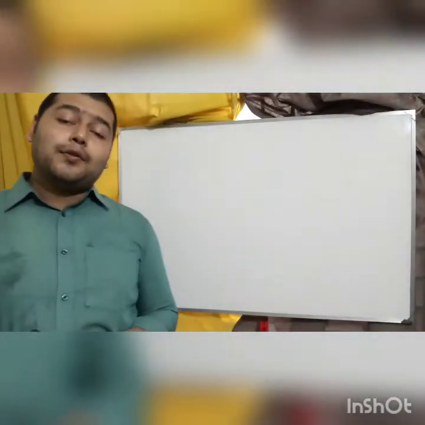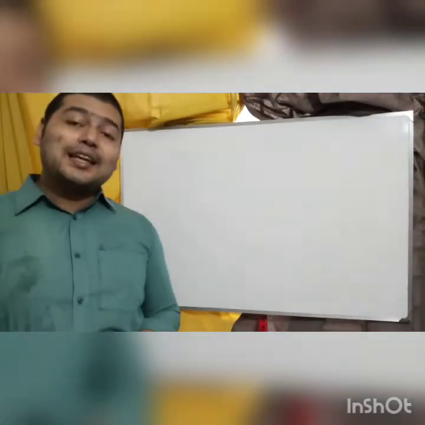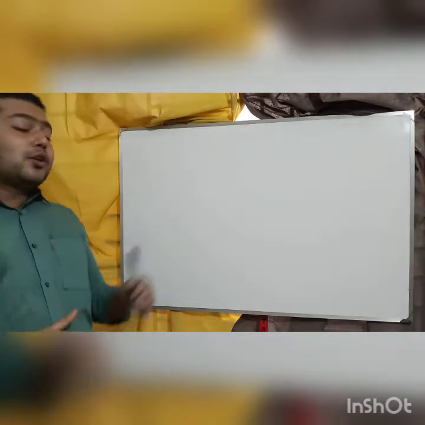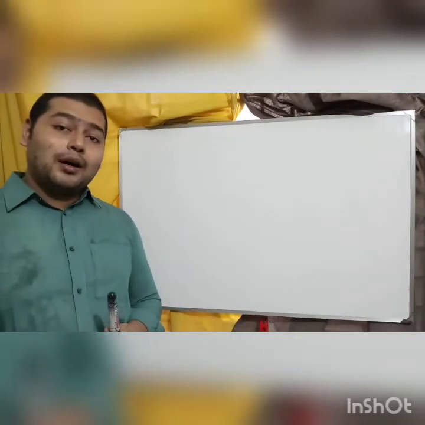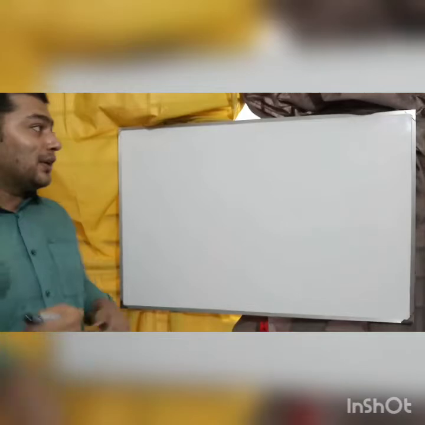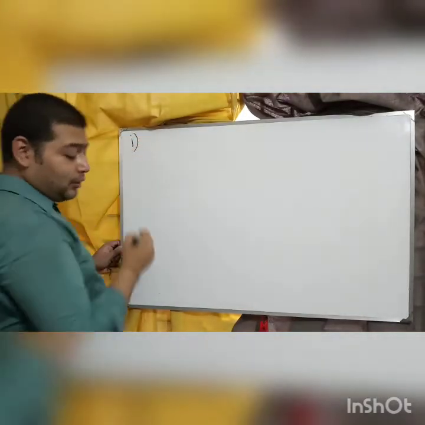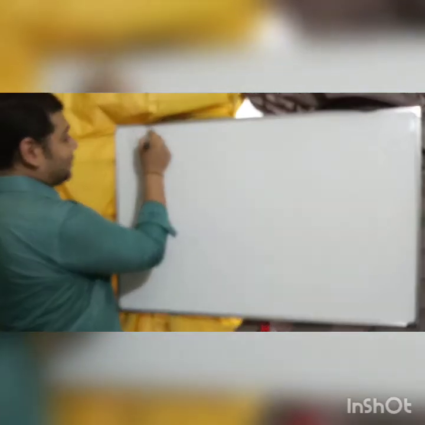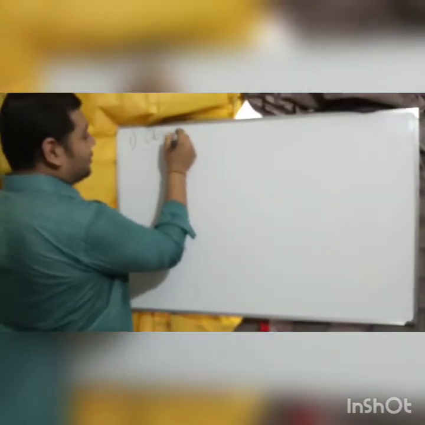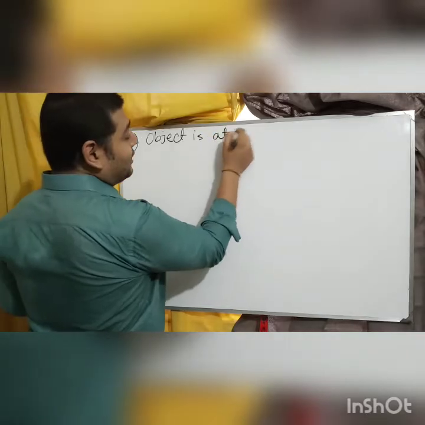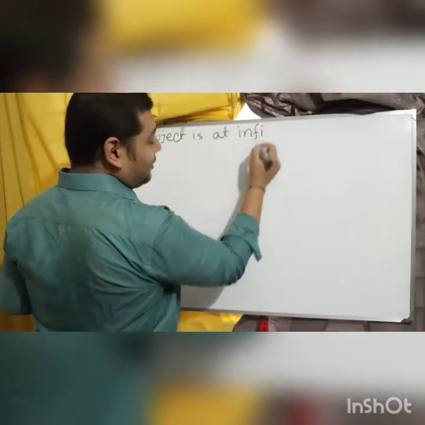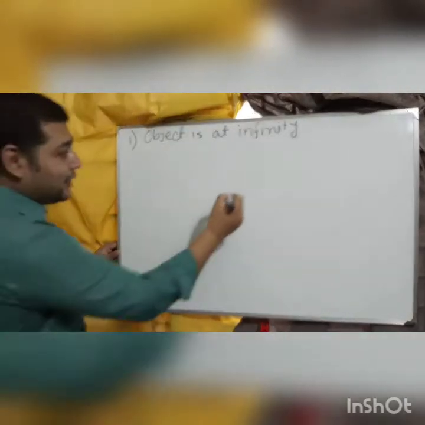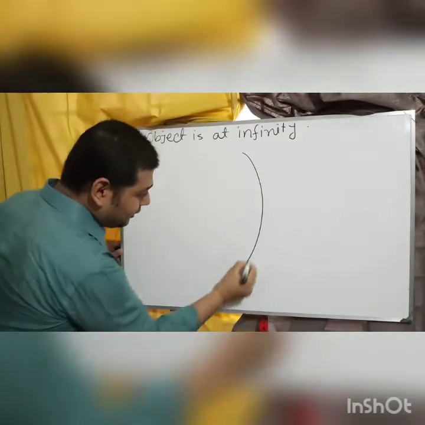For different positions we get different types of images on a concave mirror. We have 6 positions. Number 1 position: when the object is at infinity. What will the figure be? The figure is like this.